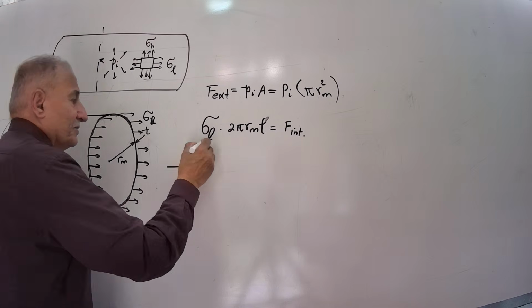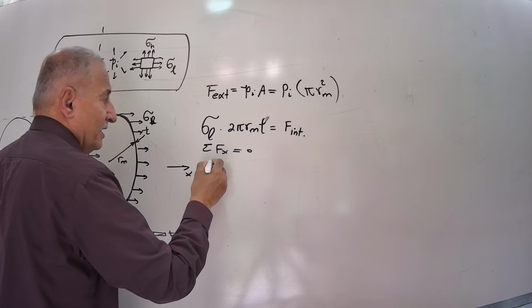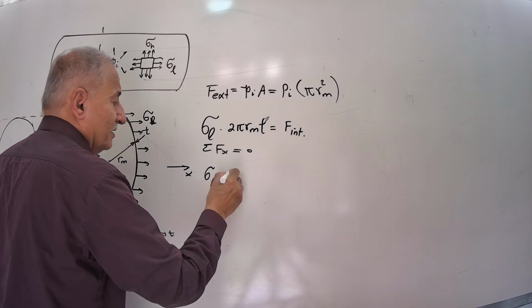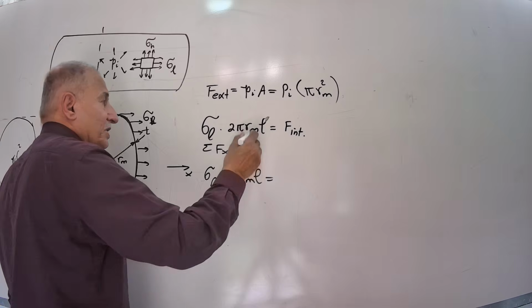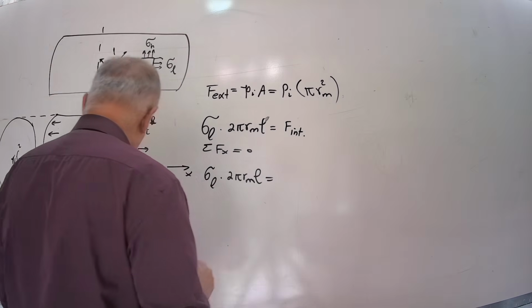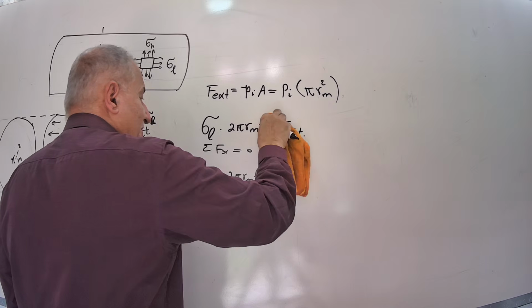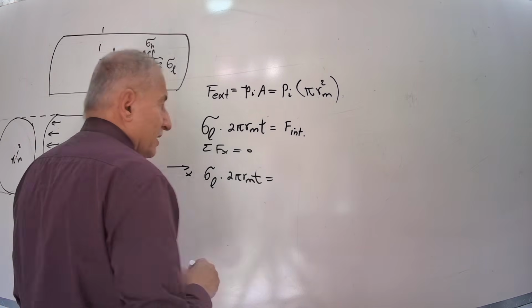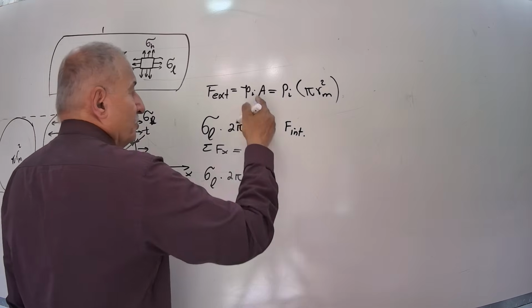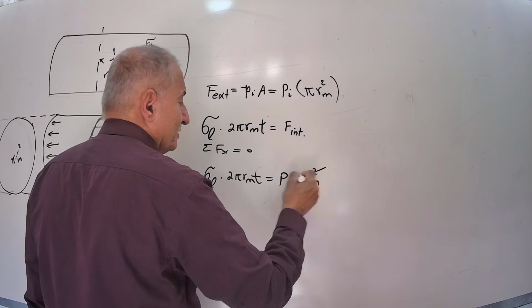Then the sum of forces in x equal to 0 says sigma L times 2 pi r m t must be equal to pi times pi r m squared.